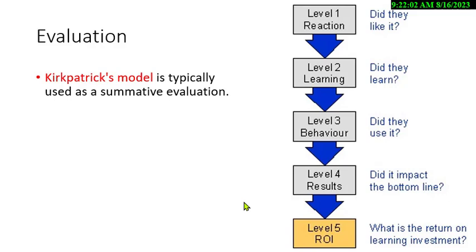I.e., did we get a result by doing the training and spending $10,000, whatever amount on training? Did we receive a return on our investment? Did our injuries go down? Was the training effort saving us money? Or did we spend $50,000 on training and nothing was saved? That's what Kirkpatrick's talking about.